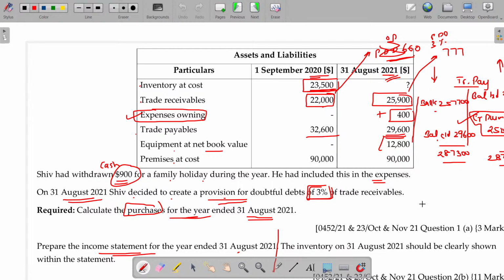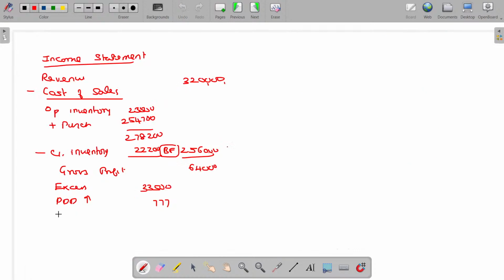Year end you have how much? 12,800. 16,000 becomes 12,800 means 3,200 rupees worth equipment value decreased. Then it can be assumed to be the depreciation. Depreciation also be posted in the expenses section. Okay. Depreciation on equipment, this value being 3,200.